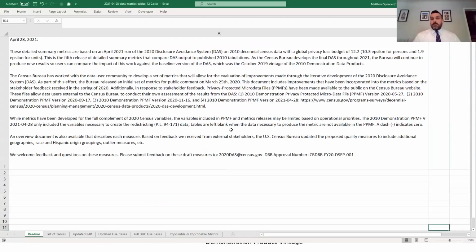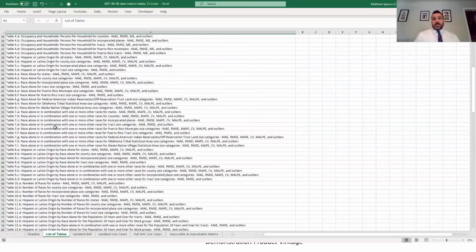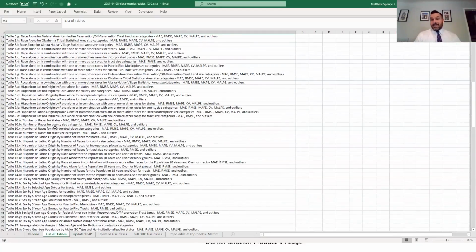When you open up the 12.2, you can see a little bit of a README file. This discusses some of the improvements that have been made. We have a list of all of the tables that are included as part of these summary metrics. Now, there's a little bit of a caveat here in that some of these tables will be blank because we just don't have the data yet to publish data about this. So one example is single year of age or sex.